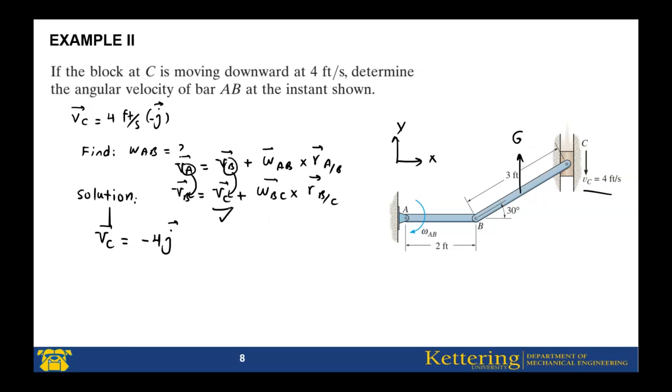This, check mark. Then omega BC. If this one is moving downward, and this is what I consider omega BC, I can write omega BC as omega BC times minus k. Now, this is a check mark.